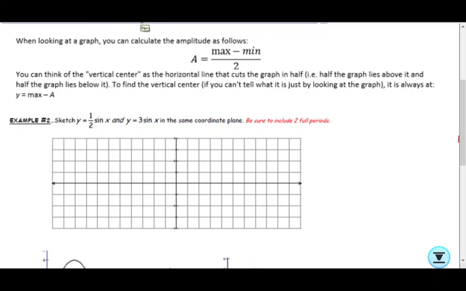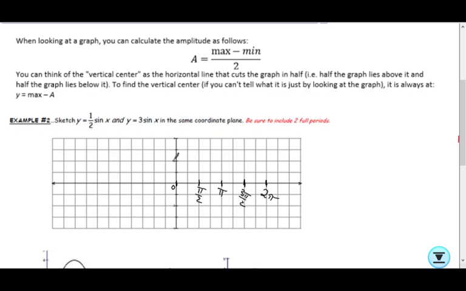Okay, so I'm going to say this x, this is 0. Okay, this here, this is pi over 2. This is pi. This is 3 pi over 2. And this is 2 pi. Okay, so that's how I'm going to label my x-axis.